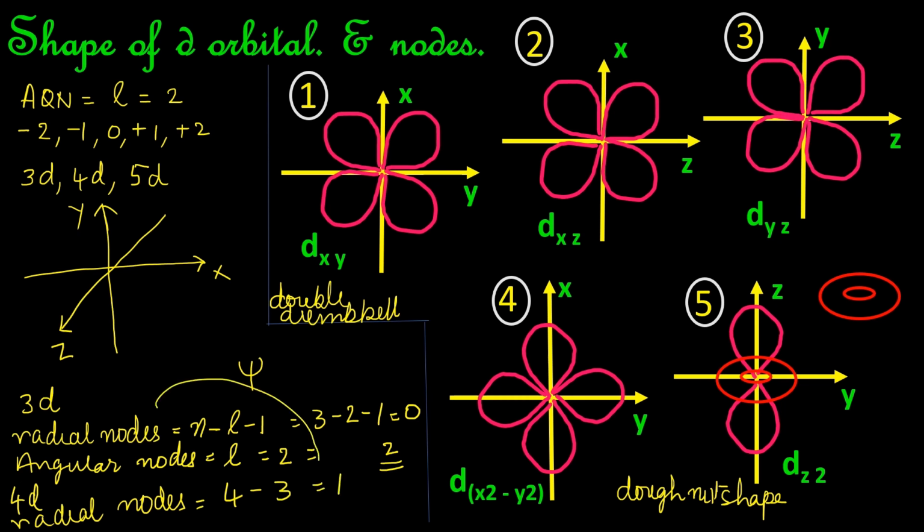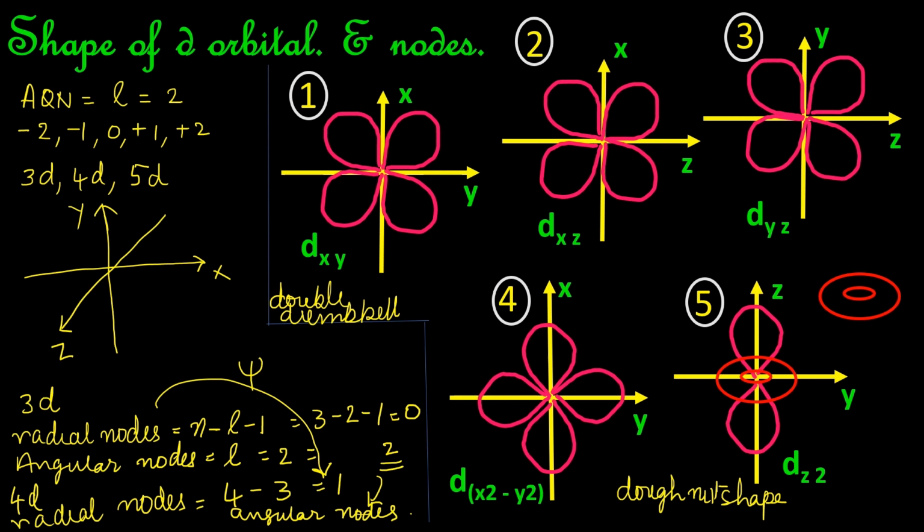As I said earlier, L is equal to 2, so minus 2 minus 1 becomes minus 3. Angular node will be only 2. Angular nodes will be the same. So the total number of nodes for 4D will be 1 radial node plus 2 angular nodes. Such questions are asked for the examination.